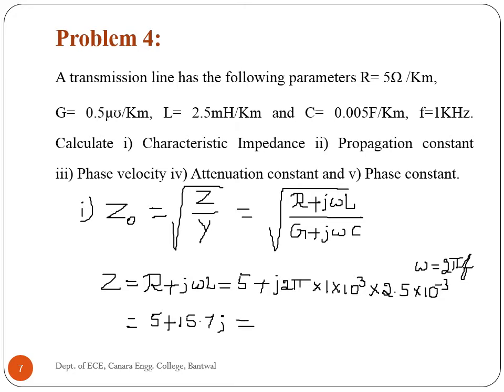When we convert to the polar form, Z is equal to 16.47 angle 72.33 degree.